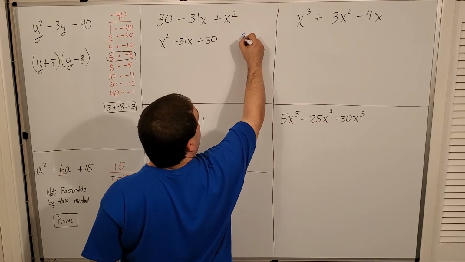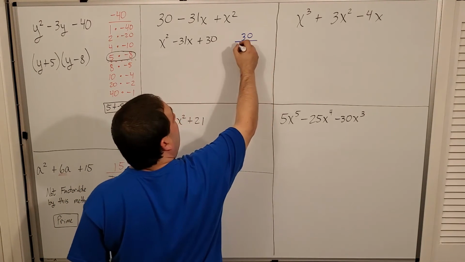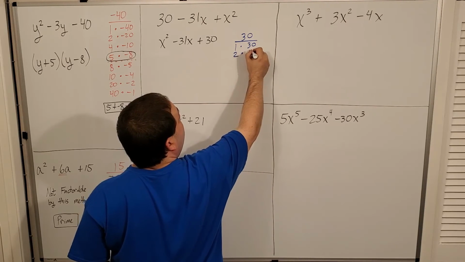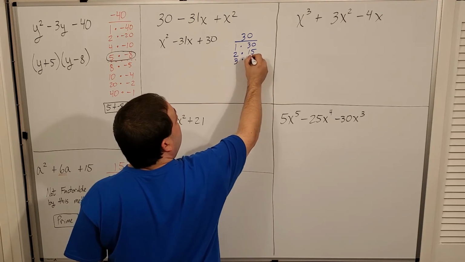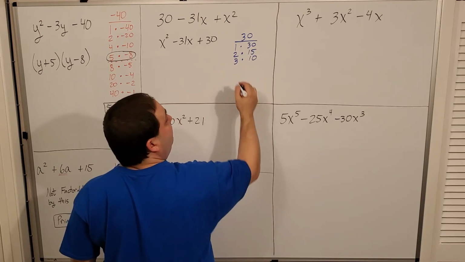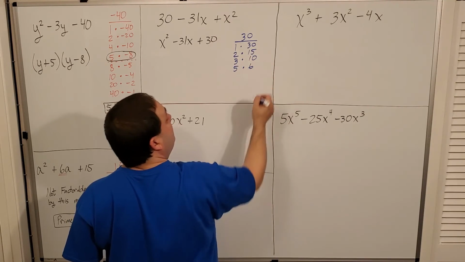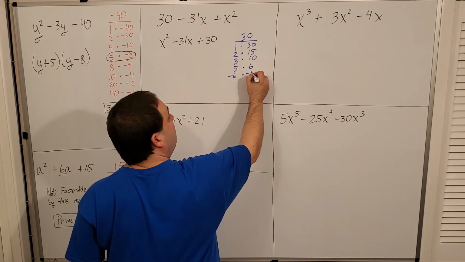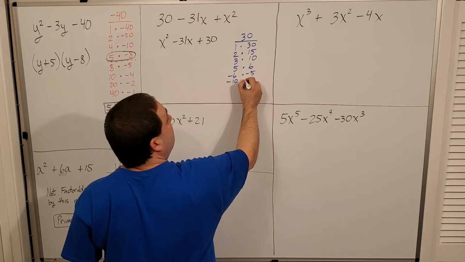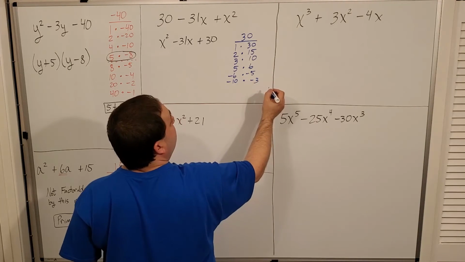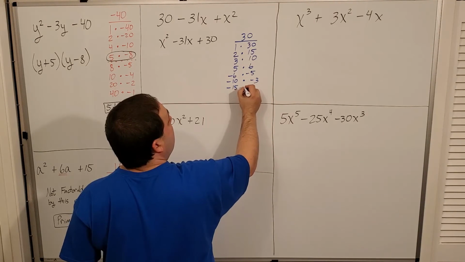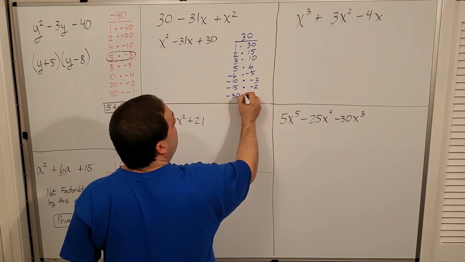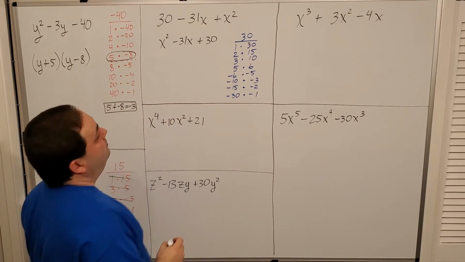the 30, right? So 30, I've got 1 times 30, 2 times 15, 3 times 10, 4 doesn't go, 5 goes times 6, and then it hits the repeat, right? 6. So negative 6 times negative 5, negative 10 times negative 3, negative 15 times negative 2, and negative 30 times negative 1.